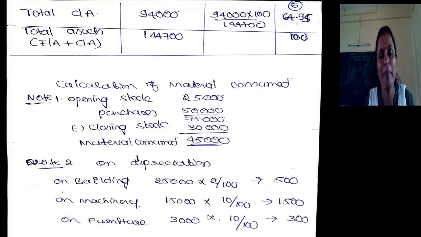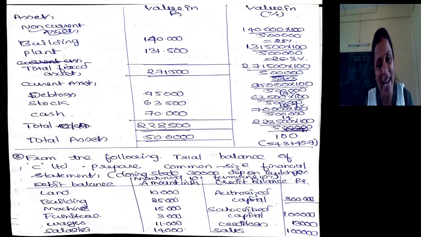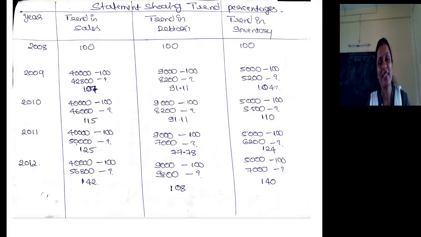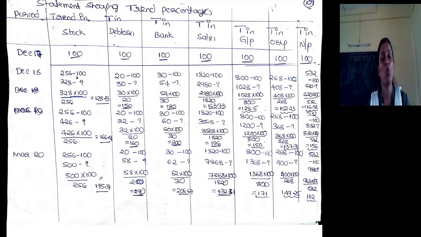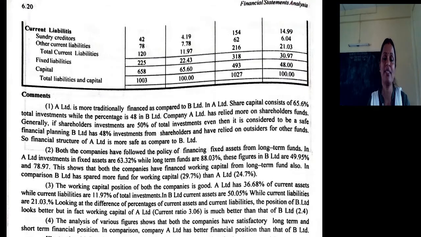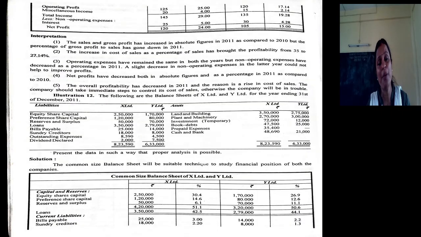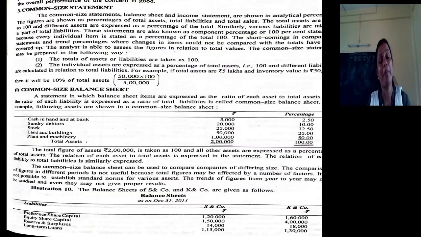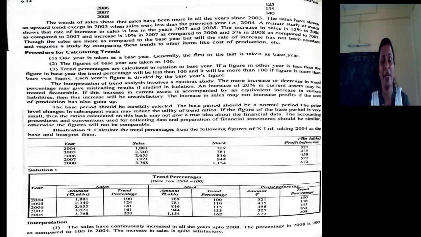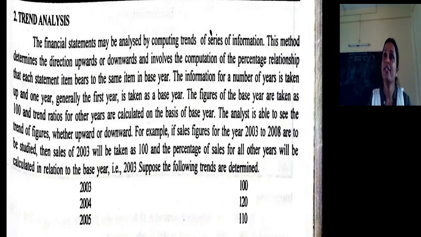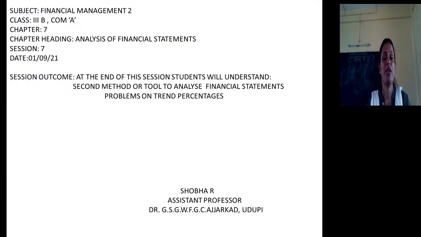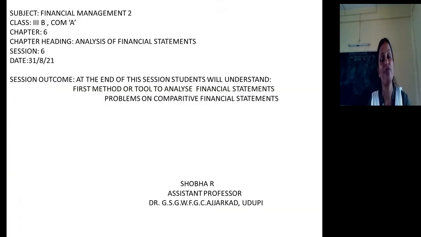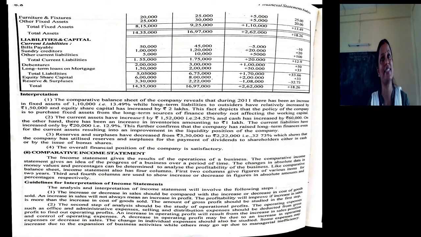So this is all about financial statement analysis. So far we discussed in detail what exactly financial statement analysis is, why we need it, what are different types of financial statement analysis, and what are different methods to analyze financial statements, such as comparative financial statement, common size statement, trend percentages, ratio analysis, fund flow analysis, cash flow analysis.